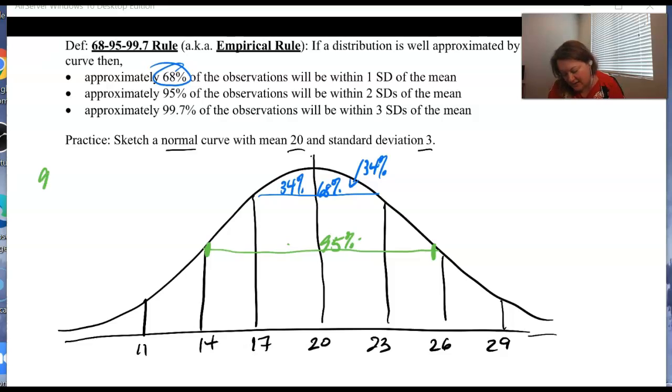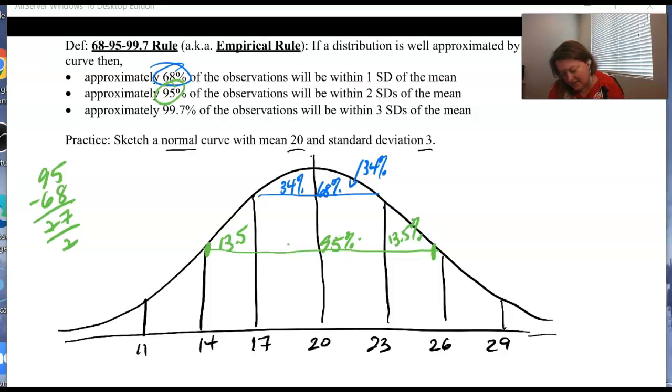So I'm going to do 95 minus 68 that we've already used up. That's a 27. Divide that by 2, and that is 13.5% in this section and 13.5% in this section. So if I were to ask you what percentage fall between 14 and 17, 13.5% of those people or of those things, okay?